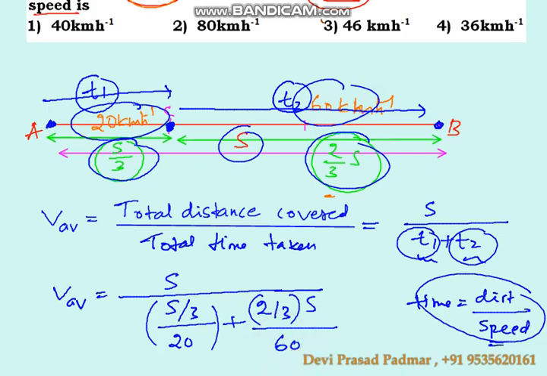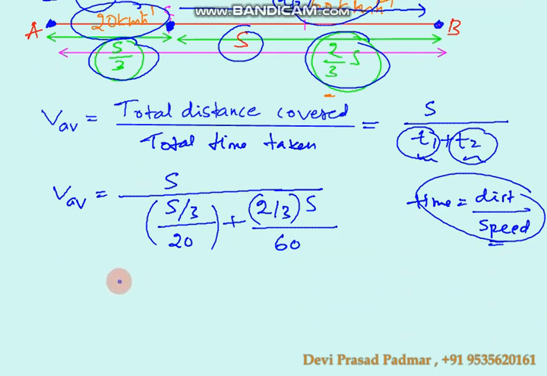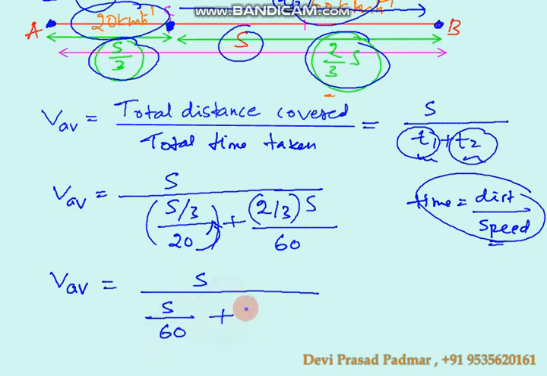Now we can just simplify this. V average is equal to S divided by, taking this 20 to the numerator, S by 60 plus, if you take this 60 into 3, that becomes 180, and here there is 2, so 2 by 180, or we can write that as 1 by 90 into S, that means S by 90.